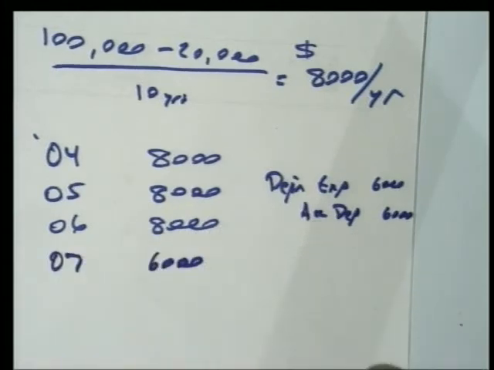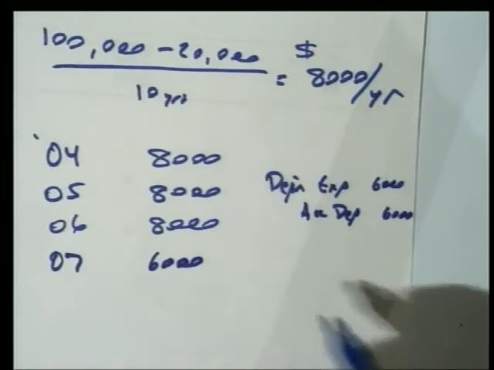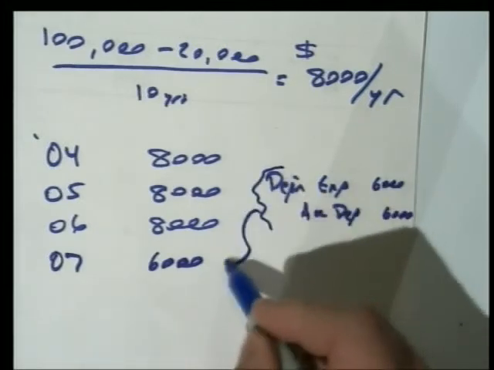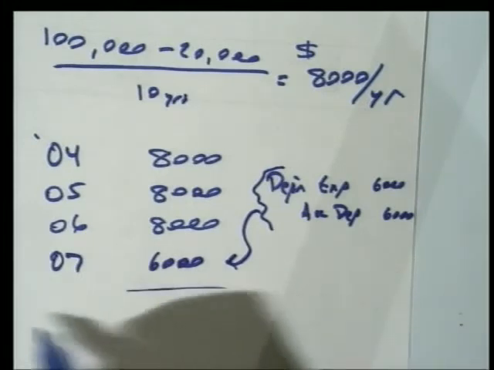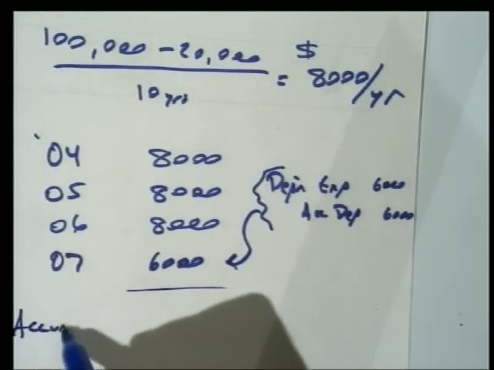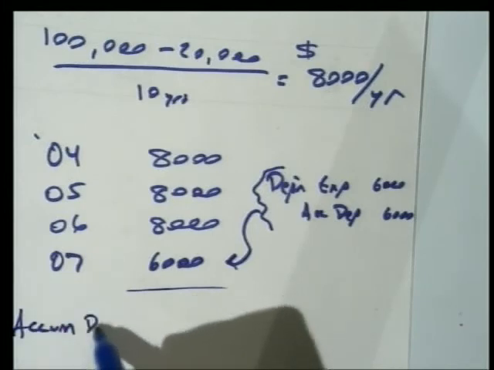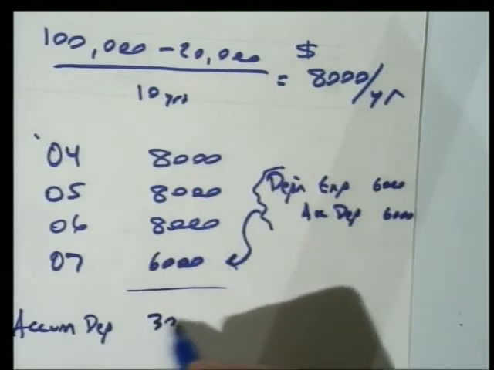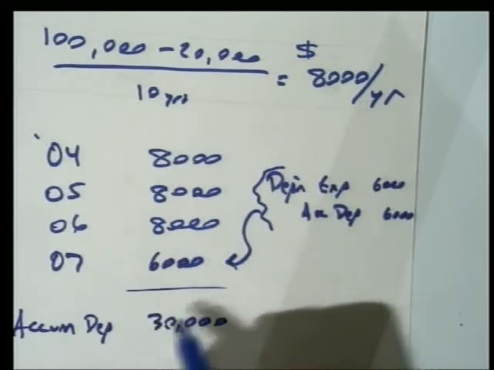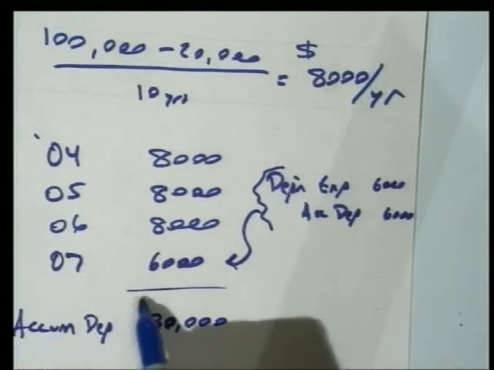Okay? And thus in 2007, we now have depreciation of 6,000. Is that correct? And that's the result of doing this entry. That's the first step. You with me? So, by the way, what's our accumulated depreciation then, thus, at the date of disposal? 8/16/24, 30,000. Okay, so we did the first step.